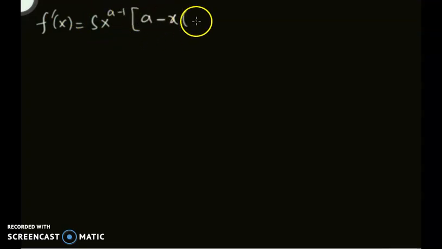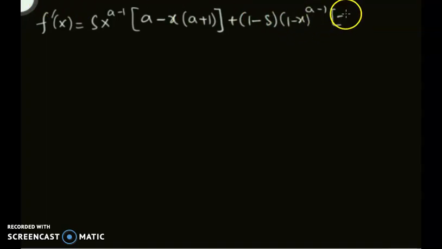So as we know that our f prime at x is given by s times x to the a minus 1 times a minus x times a plus 1, plus 1 minus s times 1 minus x to the a minus 1 times minus 1 plus x times a plus 1.